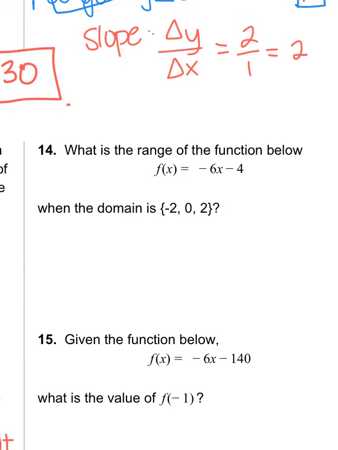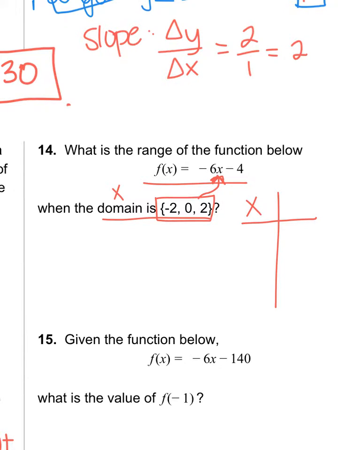Okay, number 14 says, what is the range of the following function whenever the domain is this? Remember, domain is your x's, so all of these values here are going to get plugged in for this x. We can do it in table form. That's probably the easiest. So if you make a table with your x values, and then the range is your y values. Remember, y is the same as f of x.